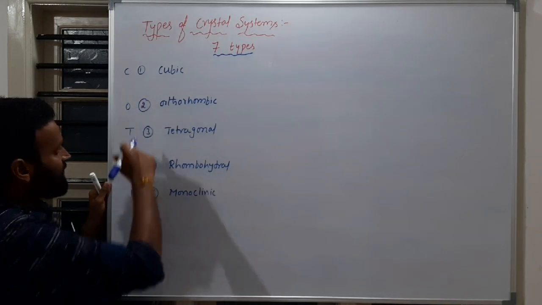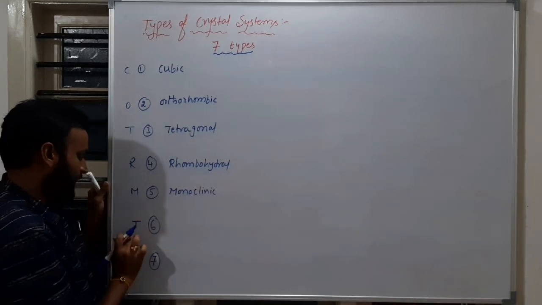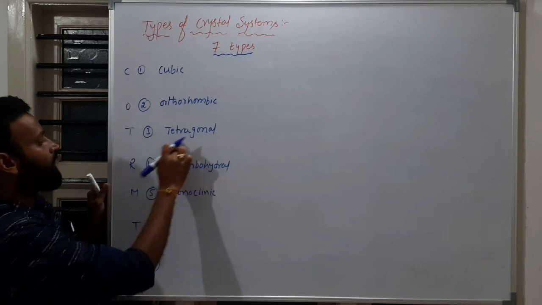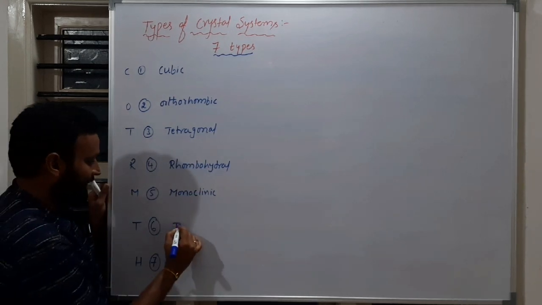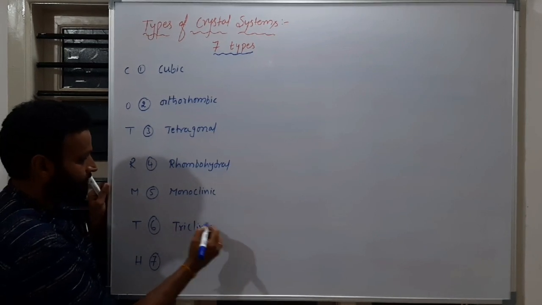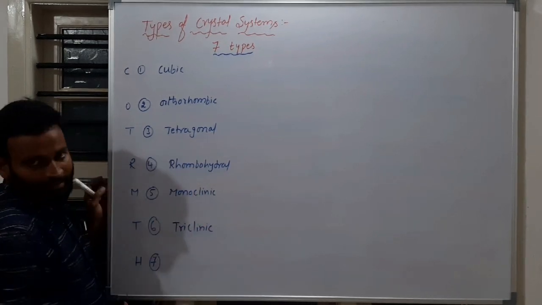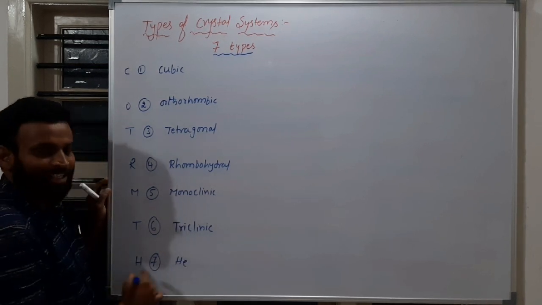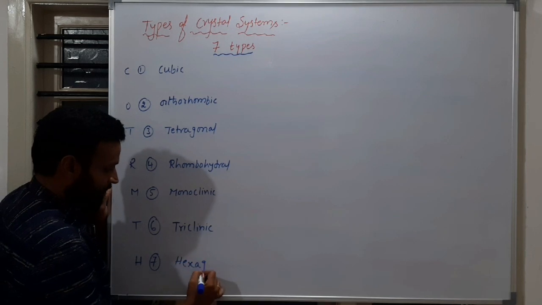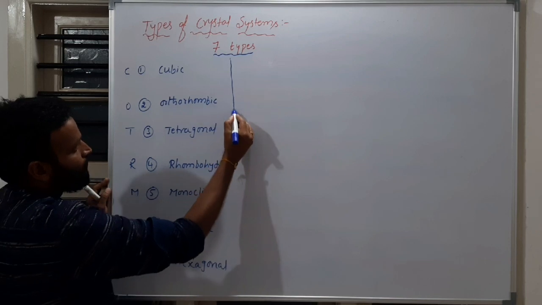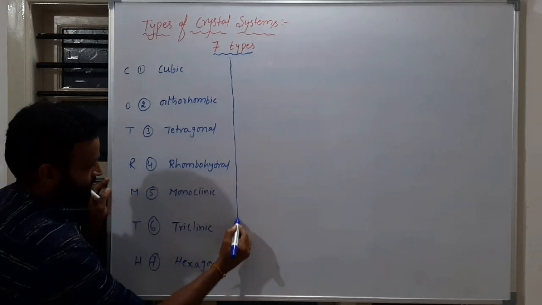And again T: in COT, POT, here T you have tetragonal, but here triclinic. Here tetra, here tri, like that. And last and final, you can guess, H means hexagonal. So these are 7 types of crystal systems.